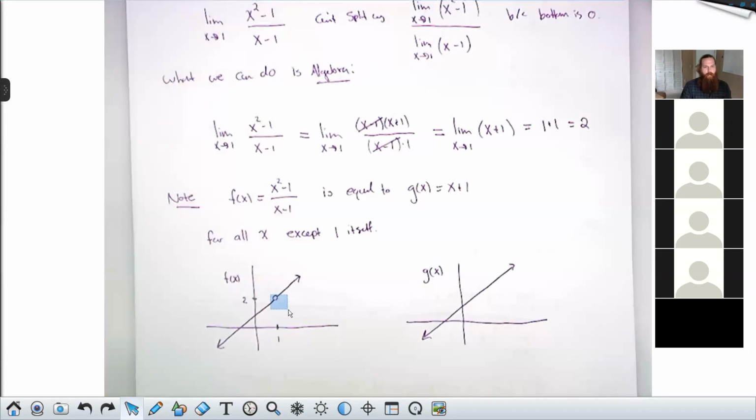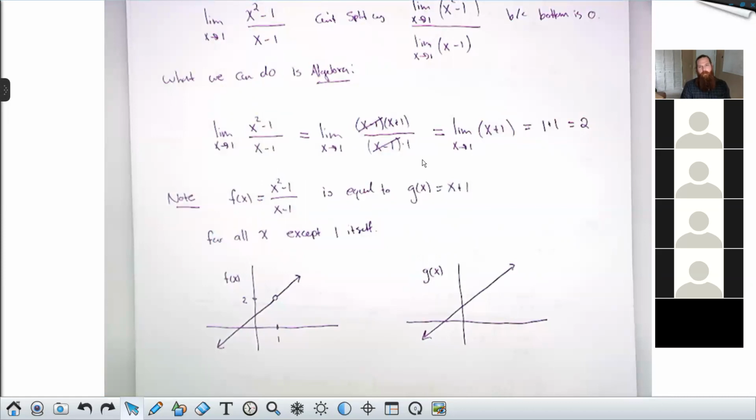And that hole is what keeps us from being able to plug in right away. But that hole came from a common factor between the top and the bottom. When we cancel that common factor, we get a function that is slightly different, right? The domain of g is all real numbers. The domain of x plus 1 is all real numbers. What is true here is that this is equal to this except at 1.